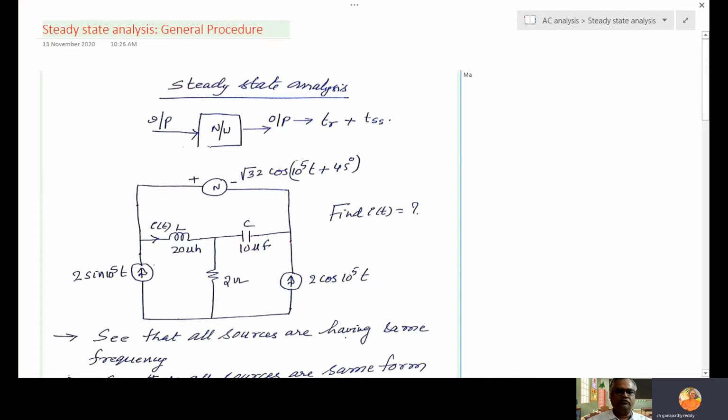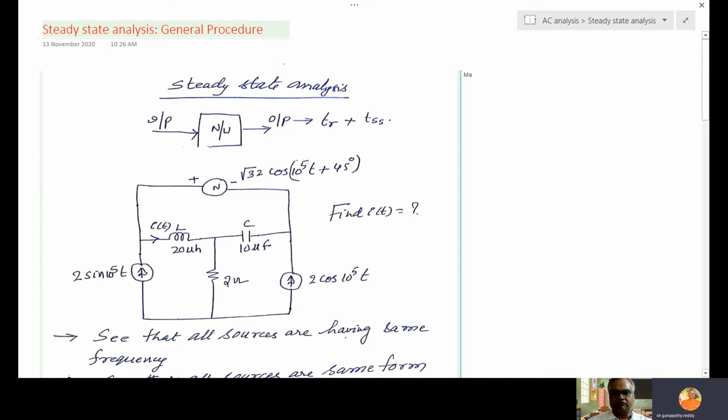In AC circuits, we are finding current, voltage, power, etc. with the AC sources. Source can be voltage, source can be current, it can be dependent or independent, and so on.